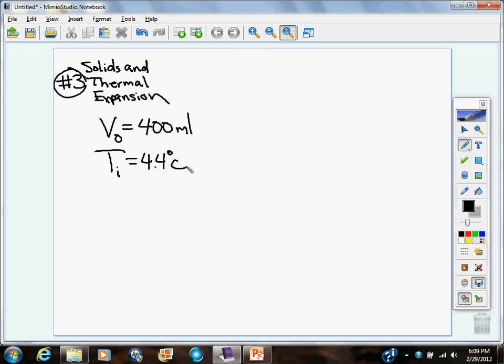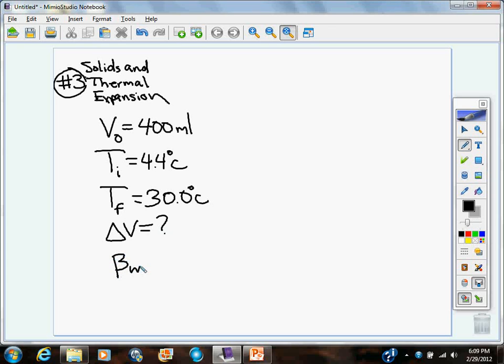And it says when the water warms up to a final temperature equal to 30.0 degrees Celsius, how much water will spill from the beaker? So it wants to know the change in volume of the water. Now the one thing we need from the top of the page is your volume thermal coefficient.